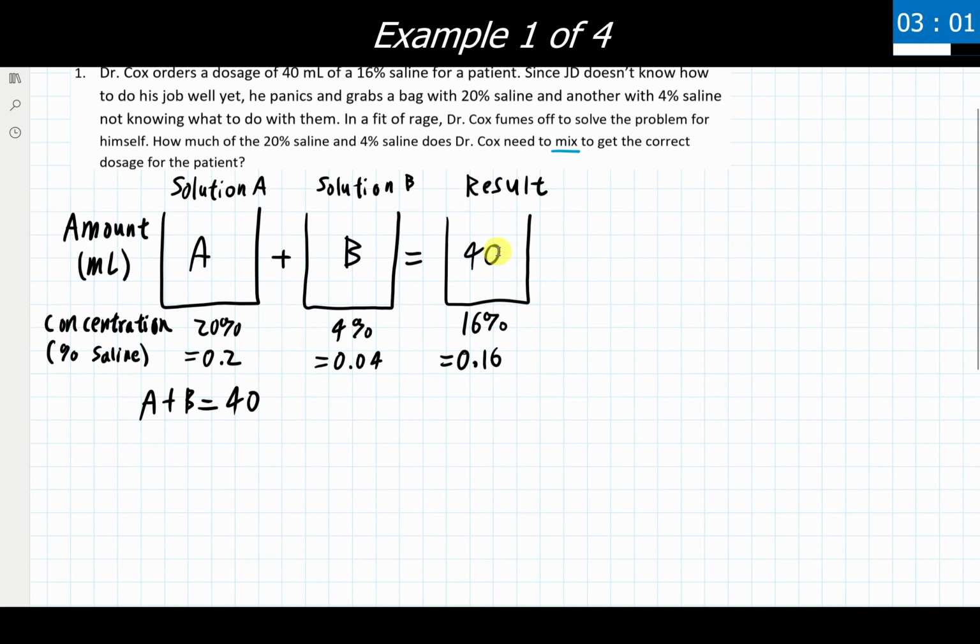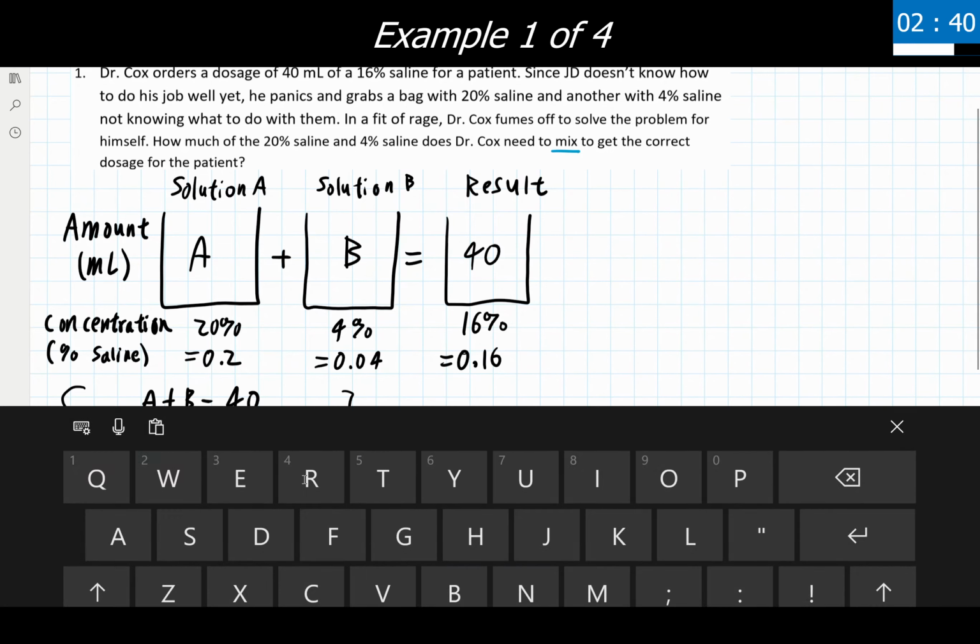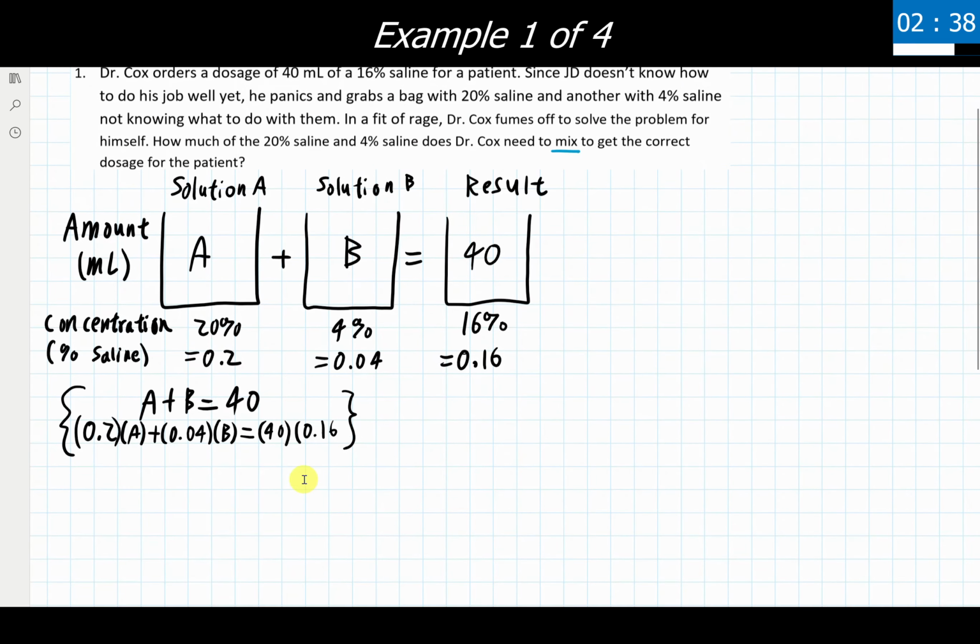And for the resulting one, because I am working with a percent problem, it will also be the amount of the result times the concentration. And we can write that in right here.